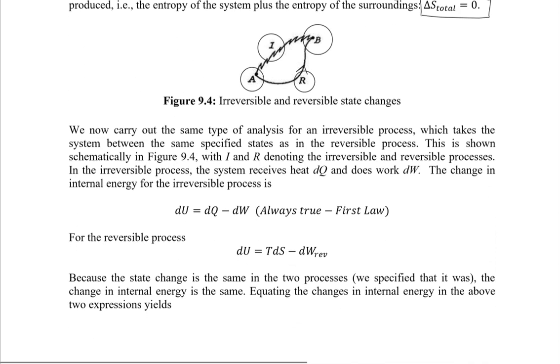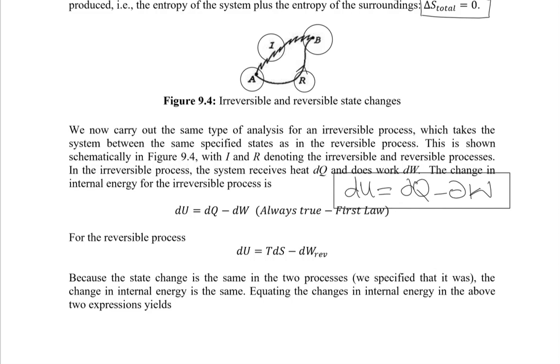If I'm looking at the work done and heat transfer in this process, the equation would be dU equal to dQ minus dW. This is true for any process. If you remember, this was the equation of the first law of thermodynamics, and it is true for reversible and also irreversible processes. So it is always true for an actual process, whether that actual process is reversible or irreversible.